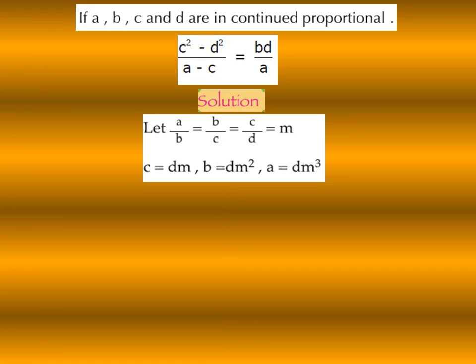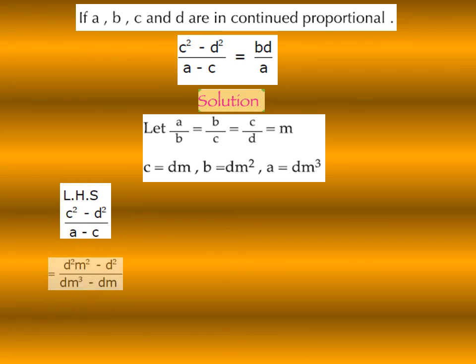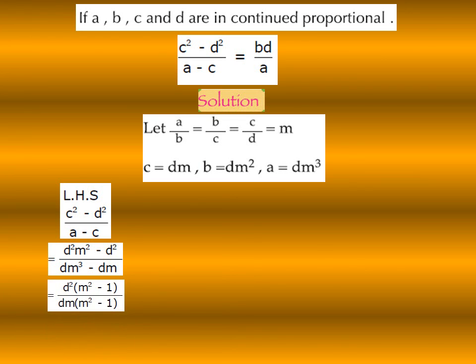Then C equals DM, B equals DM to the power 2, and A equals DM to the power 3. The left hand side will equal D squared M squared minus D squared over DM to the power 3 minus DM. Take D squared as common factor in the numerator and DM as common factor in the denominator. Then the simplest form will be D over M.